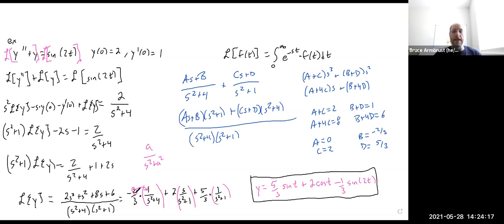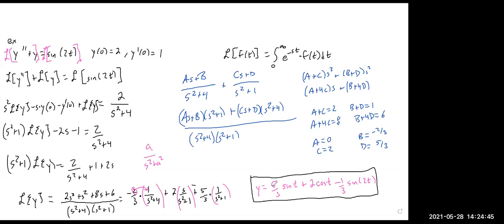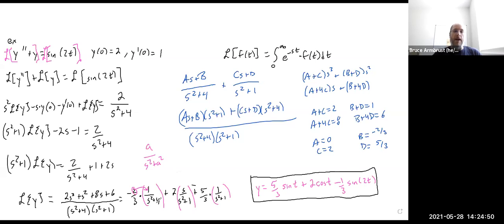You would have ended up having some y of 0 and y prime of 0 still in here, and that would have led to c1 and c2 kind of ideas. Got it. So without the initial conditions, they would have stuck around.